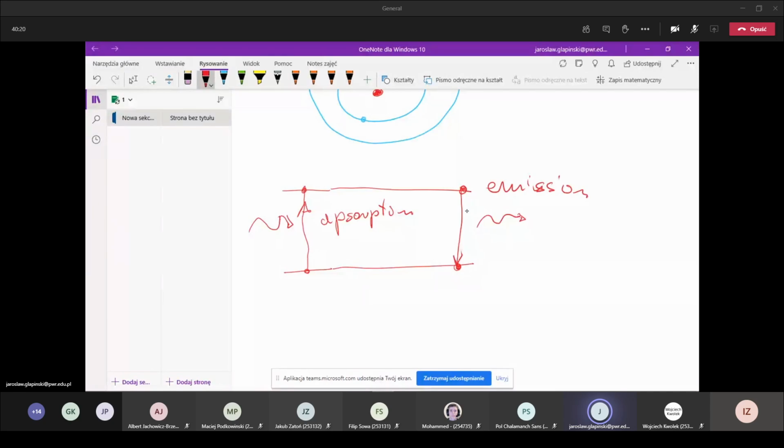So if the energy is equal, we can say that the frequency is equal to the energy divided by the Planck constant.